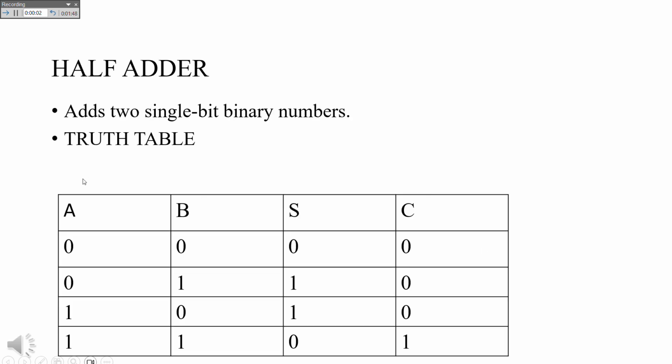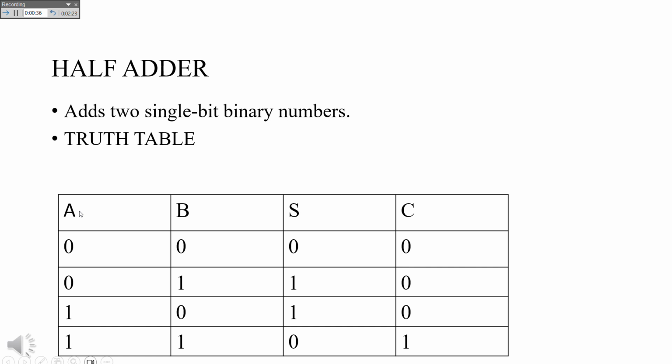So let's take the half adder first. A half adder is a digital circuit that adds two single bit binary numbers. The truth table below will tell us how we add these two binary numbers.